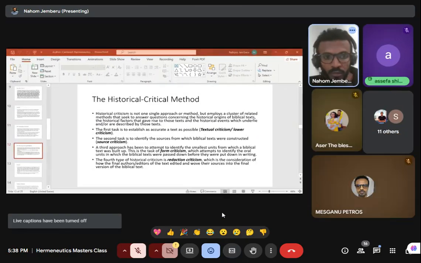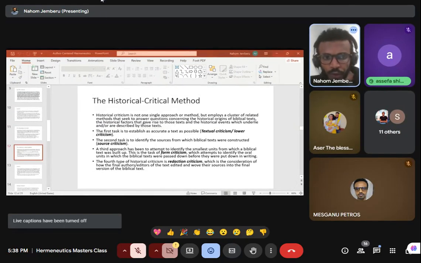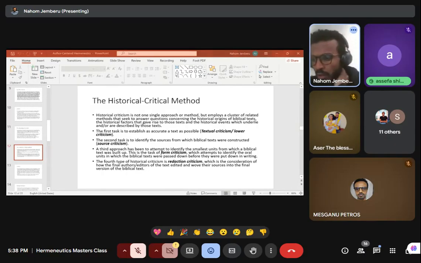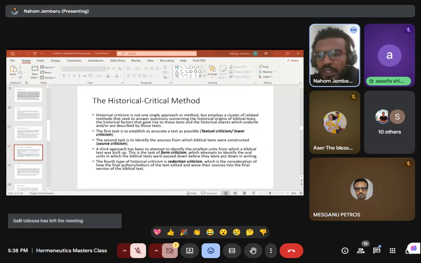Okay, so the historical critical method, as you can see from its name, is a methodology. It's sometimes called generally historical criticism. When it comes to terms like this, you might find different labels used to essentially say the same thing.